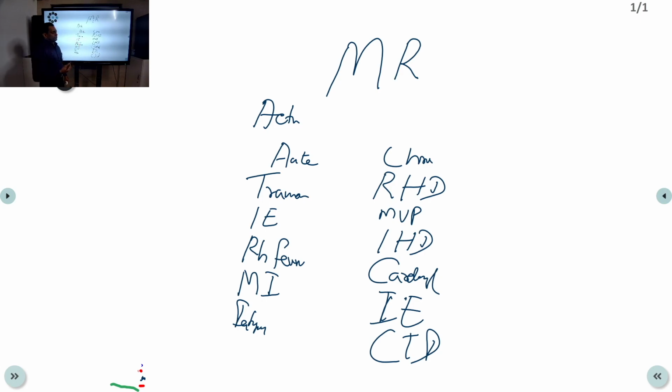Some literature divides it into cardiac and non-cardiac causes. Cardiac causes are ischemic heart disease, cardiomyopathies, and mitral valve prolapse. Non-cardiac causes are trauma, infective endocarditis, or connective tissue disorders.